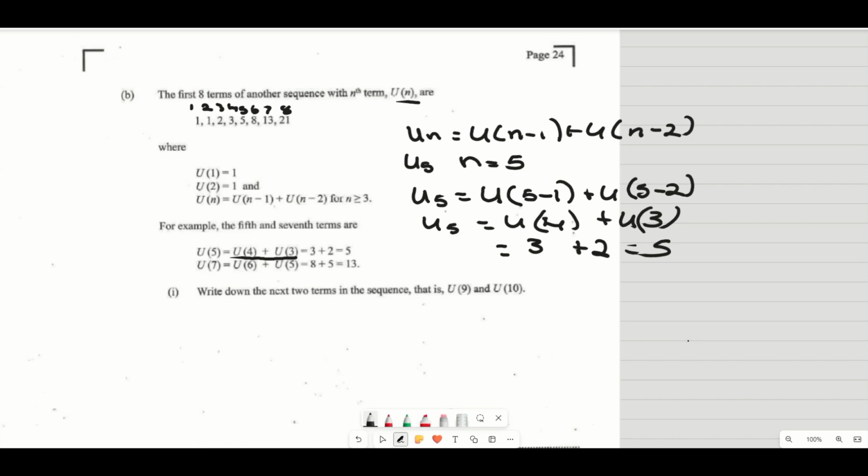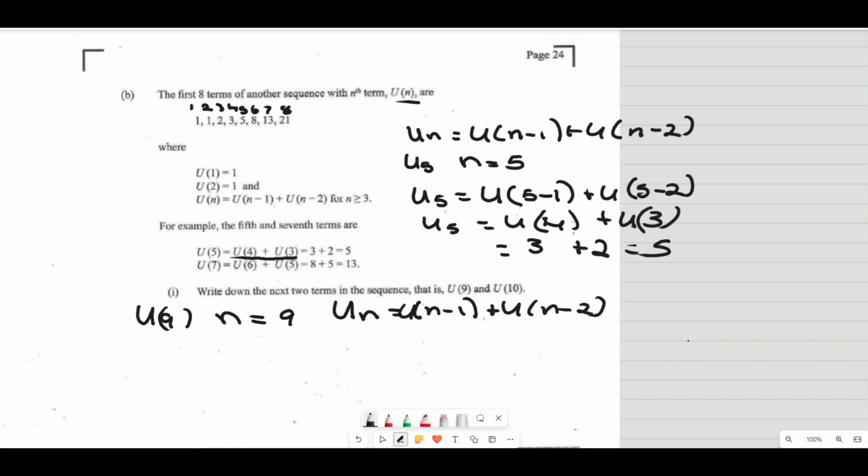So if they ask for u9, that means n is equal to 9, and you're going to put it in this formula. They gave you the formula: un is equal to u(n minus 1) plus u(n minus 2).